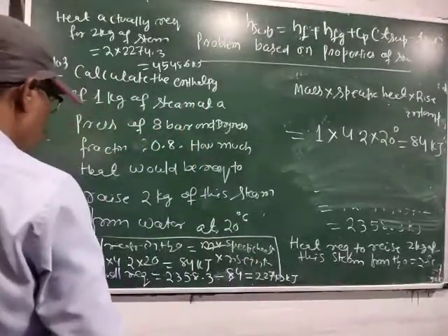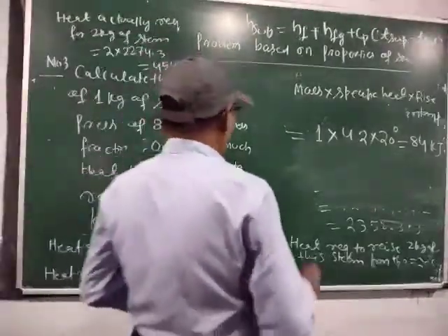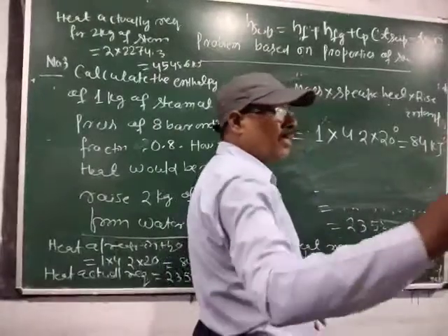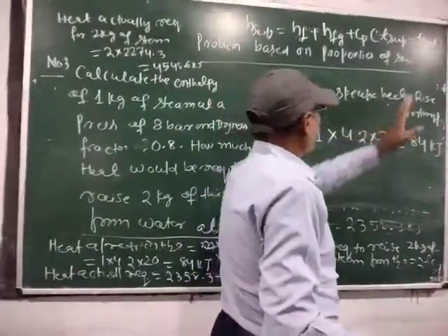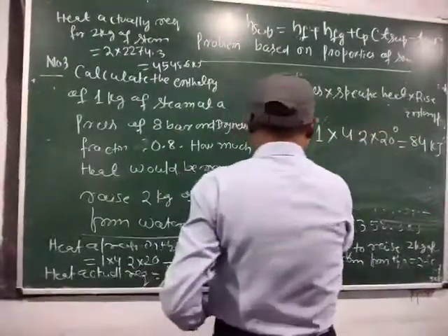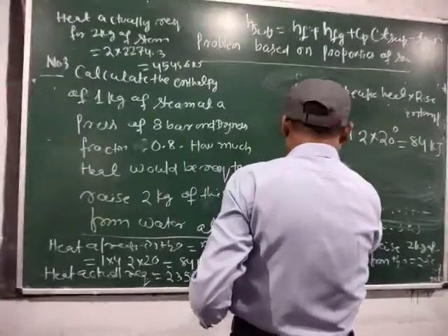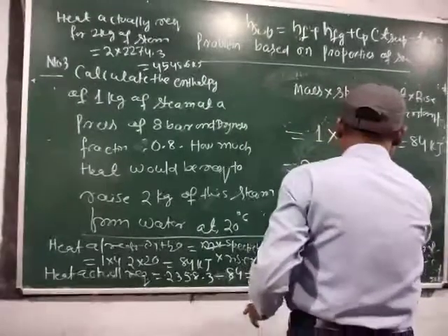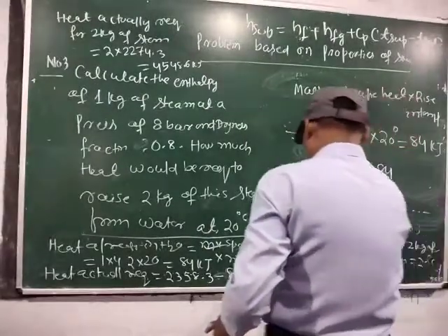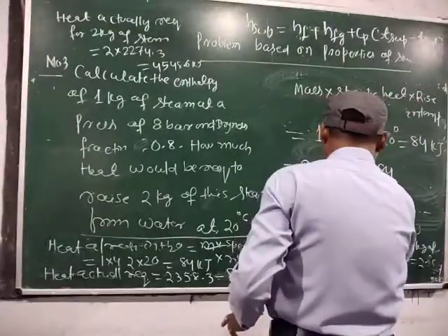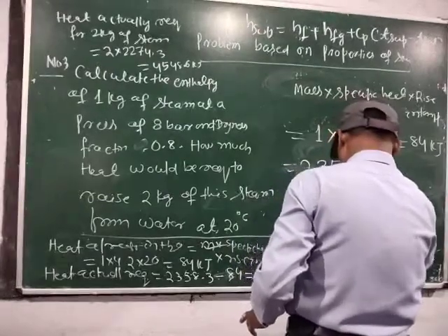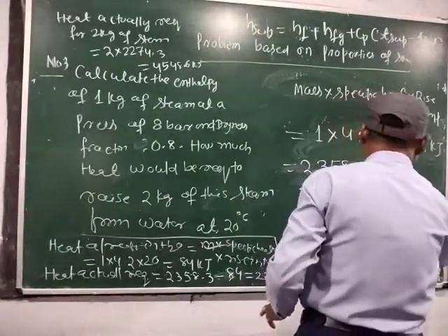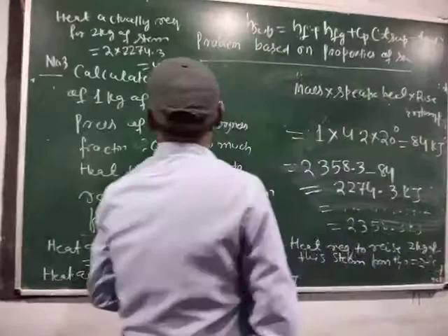Heat actually required is equal to total heat minus heat already in water is equal to 2358.3 minus 84 is equal to 2274.3 kilojoule.